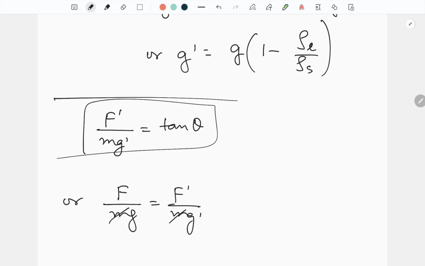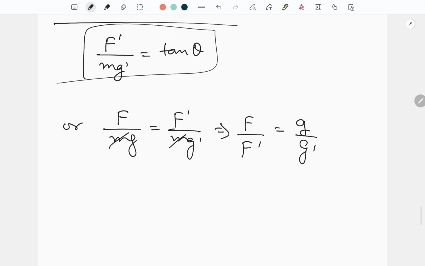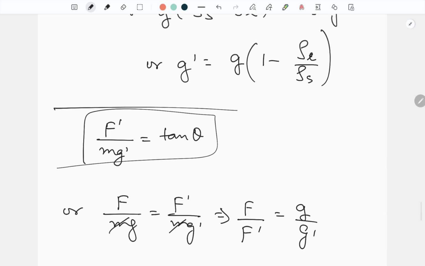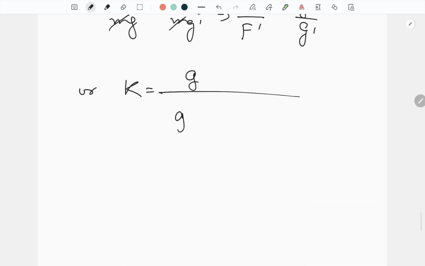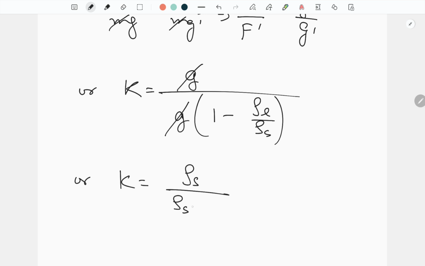So F and m also get cancelled. F by F dash is nothing but the dielectric constant, and here you will get g by g dash. So this becomes the dielectric constant, which we have to calculate. G upon g dash we can write as g into 1 minus rho l by rho s. G and g also get cancelled out, so k becomes rho s upon rho s minus rho l.